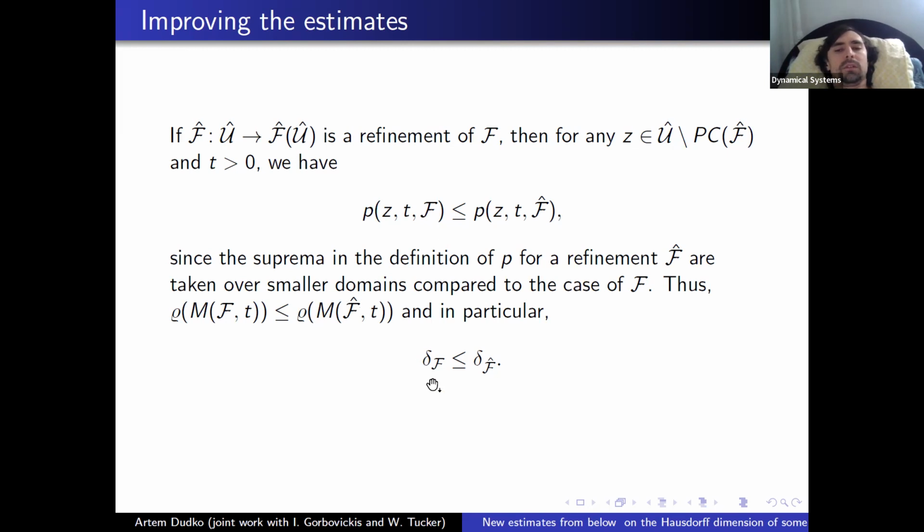And so the lower bound delta corresponding to a refinement will always be greater or equal to the delta of F.